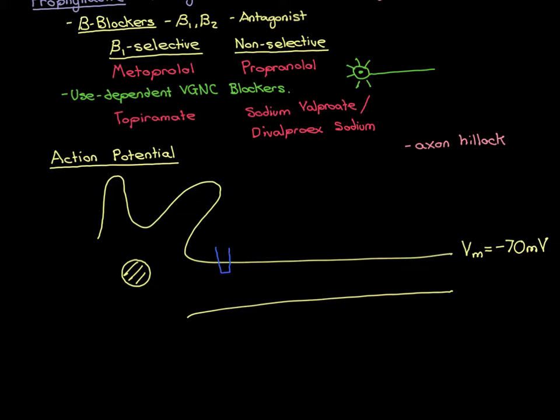I drew more complicated pictures of the voltage-gated ion channels for sodium and calcium earlier. We're now going to go back to extremely simple pictures temporarily. So this is representing a voltage-gated sodium channel here in blue, and I've drawn it in the open state, as though it's open, but it's not going to originally be open. It will be in a closed state, and we'll talk about the different states in just a moment.